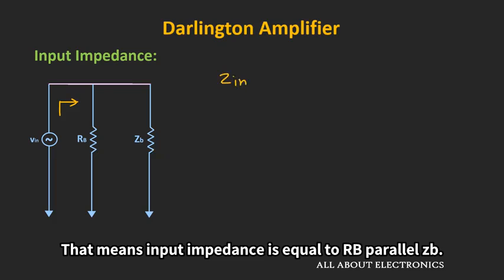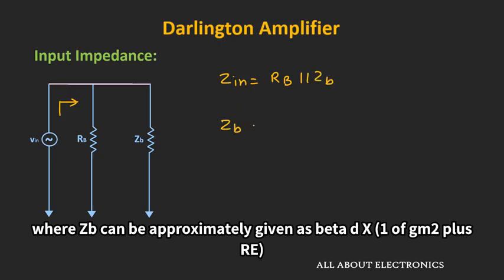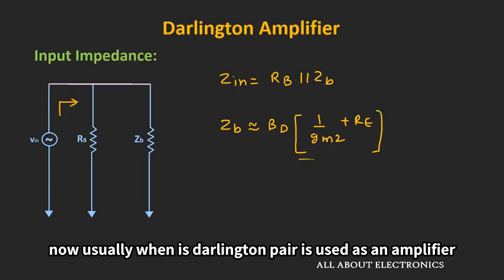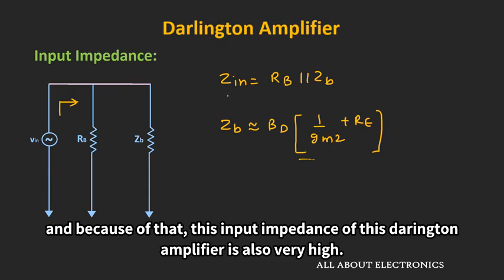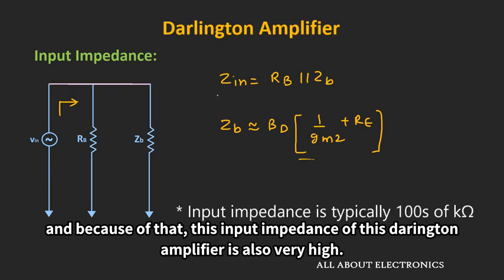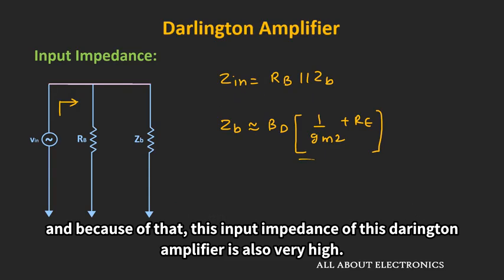That means input impedance is equal to RB parallel ZB, where ZB can be approximately given as beta D times 1 over GM2 plus RE. Now usually when this Darlington pair is used as an amplifier, then this base resistor RB is also very high. And because of that, this input impedance of this Darlington amplifier is also very high.